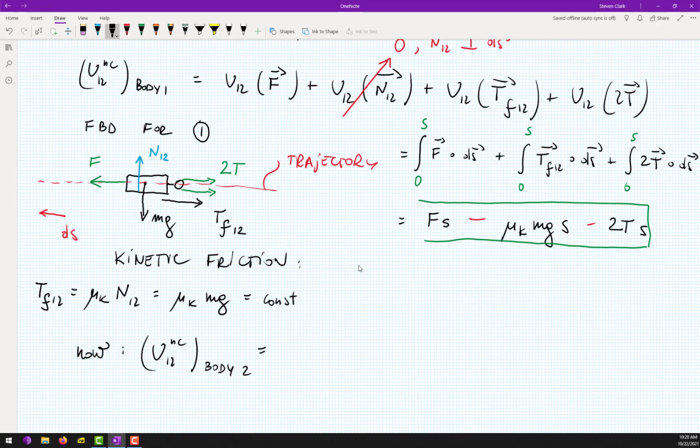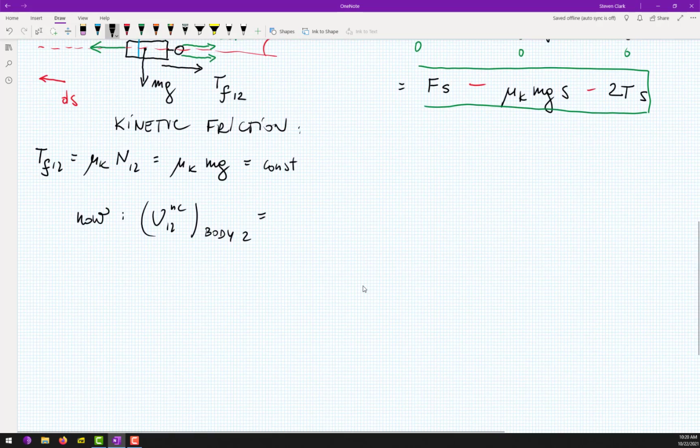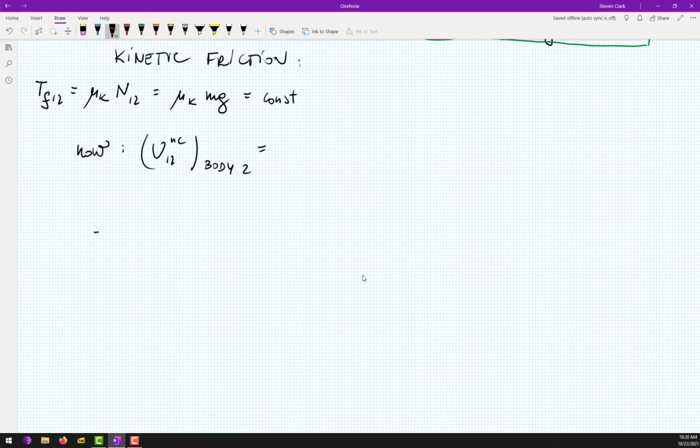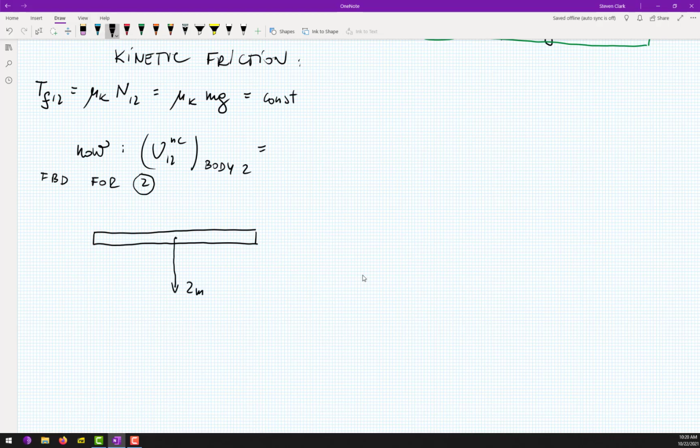So again FBD. We have to draw the FBD again. So we will have that rectangle, and this is the FBD for body number 2. Again, I'm lazy, so it will be 2mg.